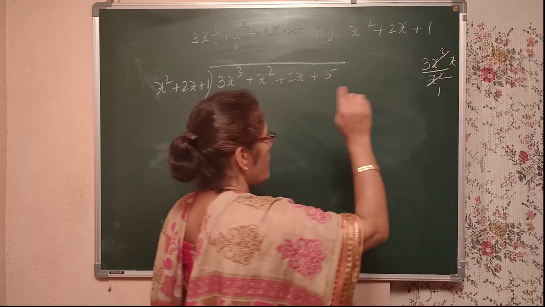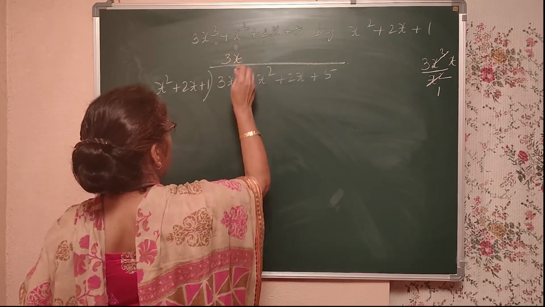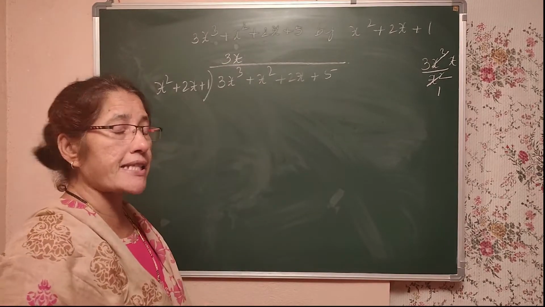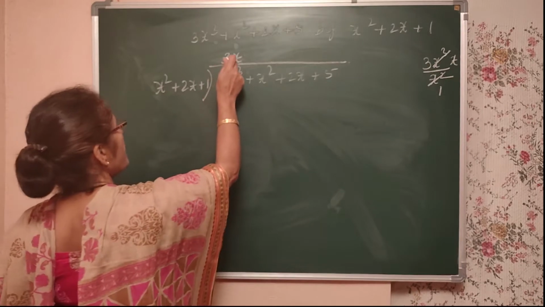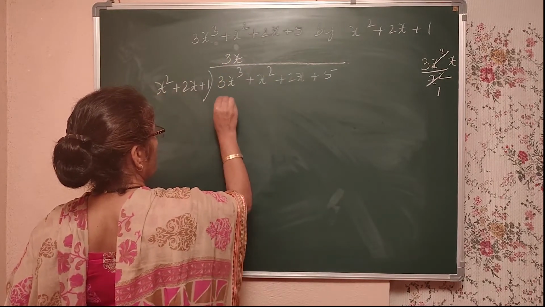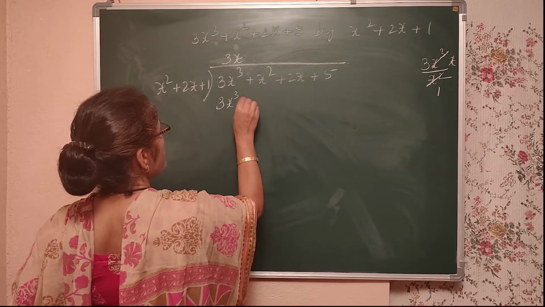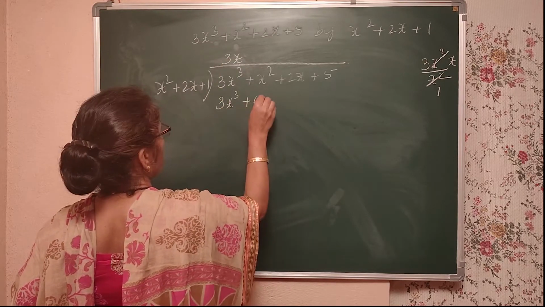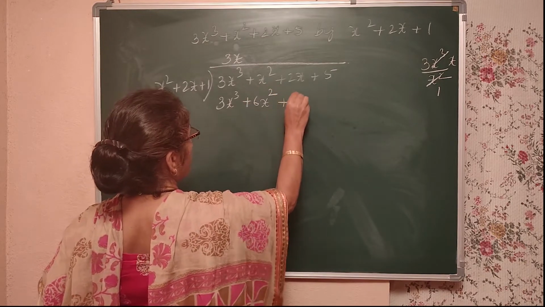So what is the answer here? 3x. Now your aim is to cancel the first term every time. So you have to multiply this one with this. 3x into x square is 3x cube, plus 3x into 2x, 3 2s are 6x square, plus 3x.